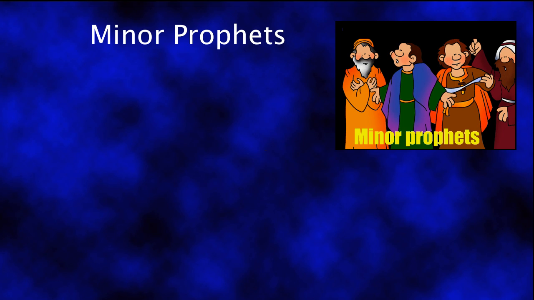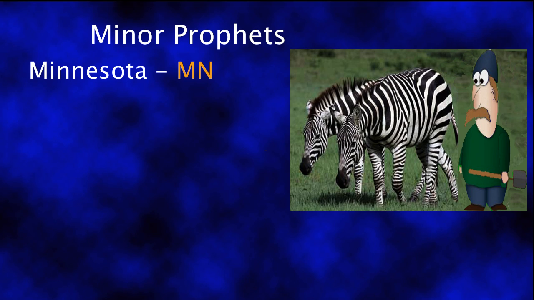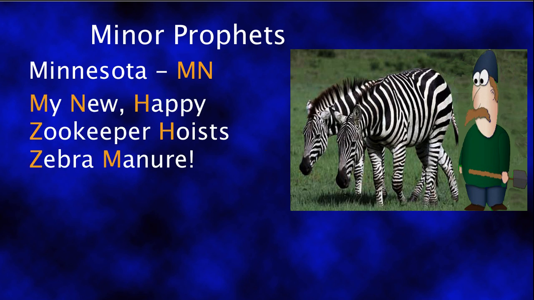This starts with an abbreviation for Minnesota, which is the land of lakes with lots of fish, though Jonah didn't go there. MN, Micah, Nahum. One thing we won't find in Minnesota is a zebra. My new happy zookeeper hoists zebra manure. There's our last sentence.